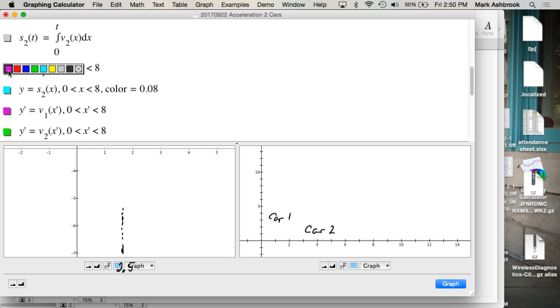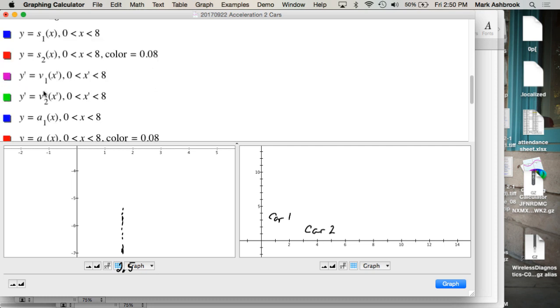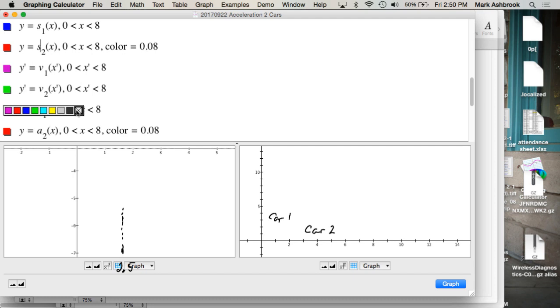So we'll go back to blue and red. So blue for car 1, red for car 2. We'll turn off the acceleration. So now we're back on the left side. What do you think? Will car 2 catch car 1?